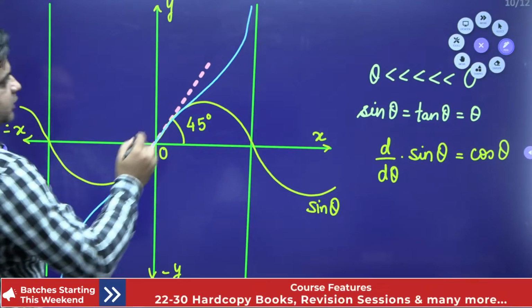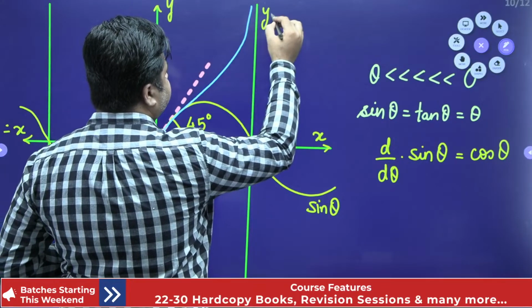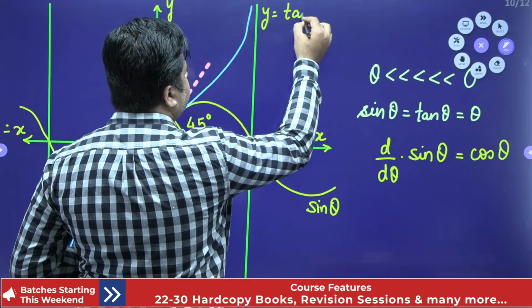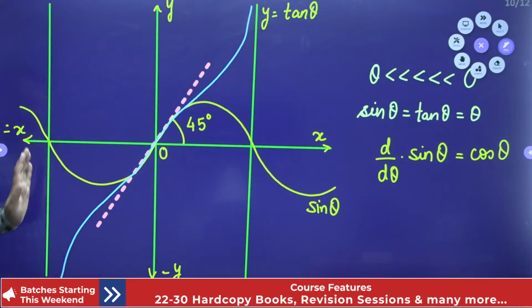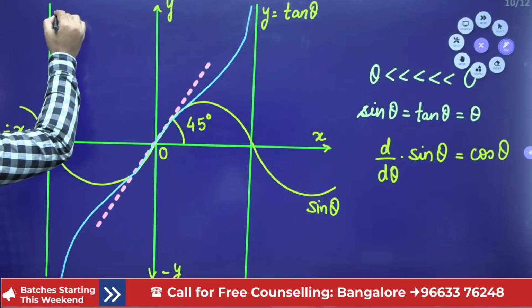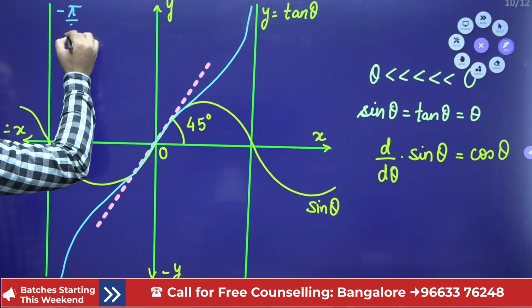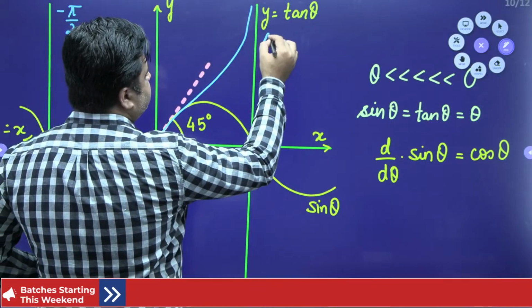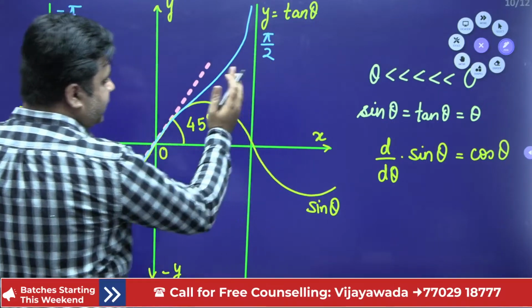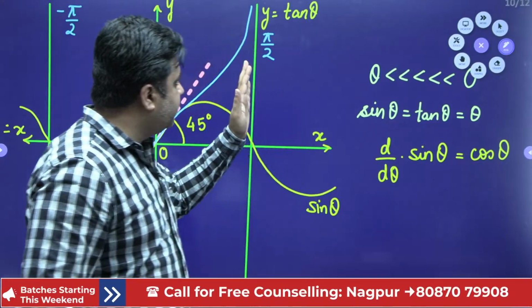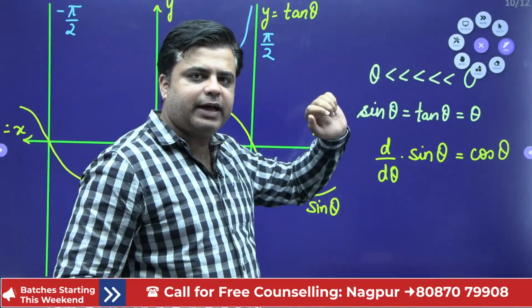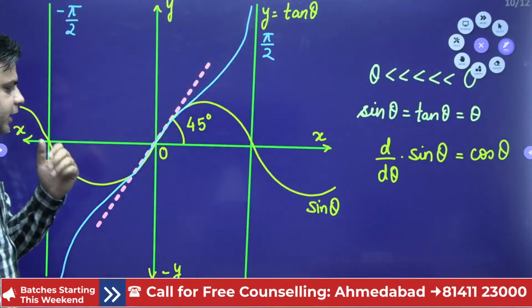So this is the function y equals tan theta, and it is again defined in the range of minus pi by 2 to plus pi by 2. It is defined in this cycle only, right? For the next cycle, you take from pi by 2 to 3 pi by 2. Like that, your function for tan theta is defined.